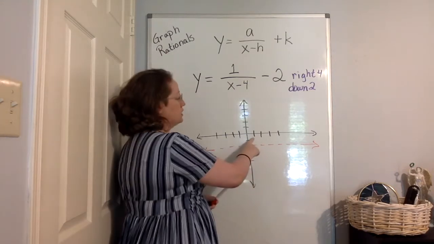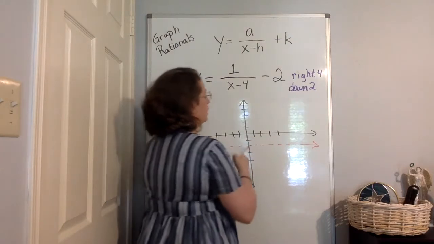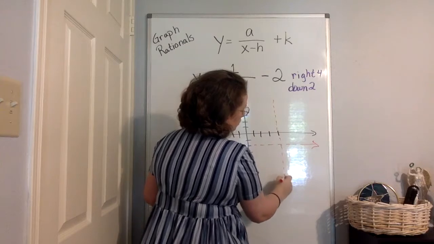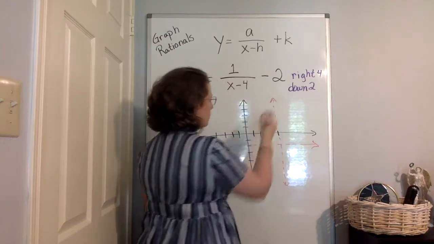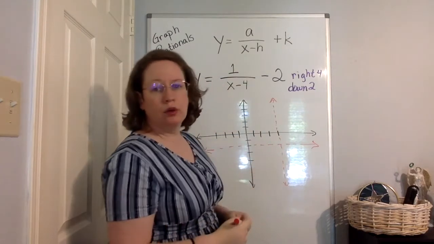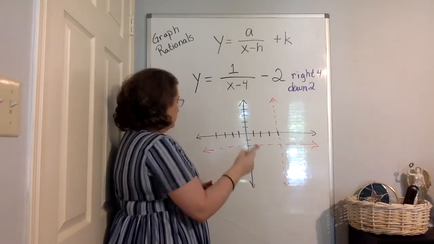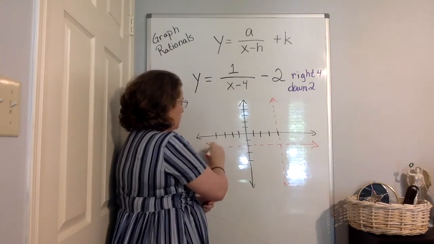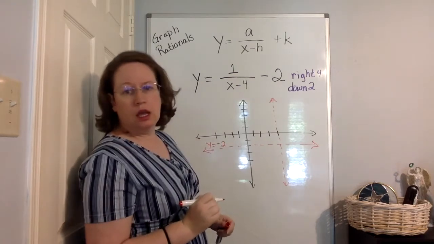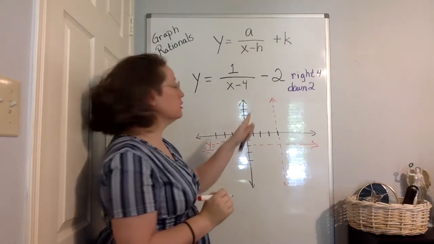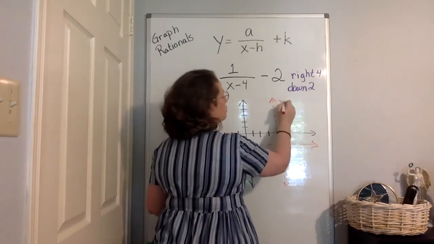So if I go to x equals 4, right 4, I'm going to draw another asymptote. This one is going to be vertical. Okay? So, at down 2, I have my horizontal asymptote, so that's at y equals -2. And at right 4, I have my vertical asymptote, that's going to be at x equals 4.